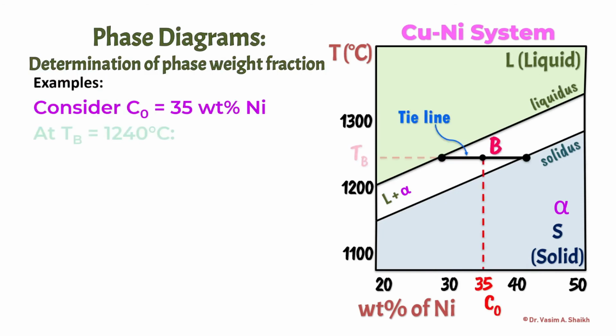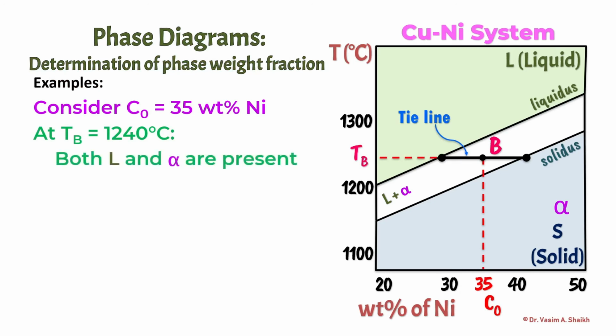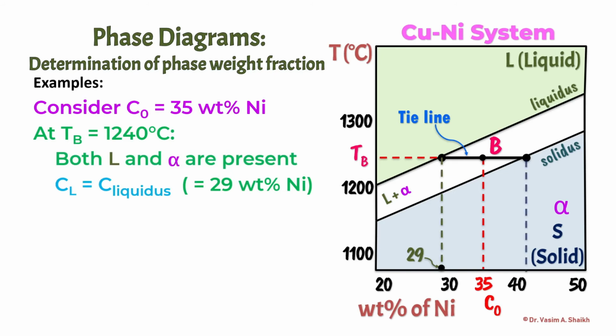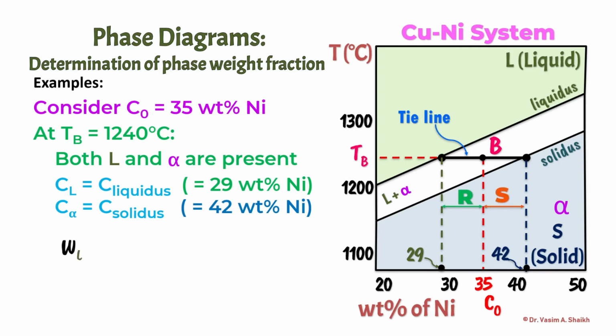So again we have seen that both the phases are present, and now let us move on to the calculation part. R and S are all given there. Now, the weight fraction of liquid: we have the numbers, we just have to do the calculation.